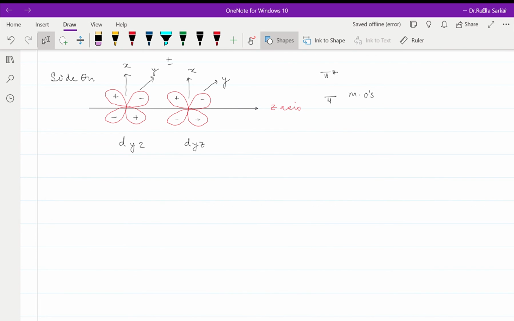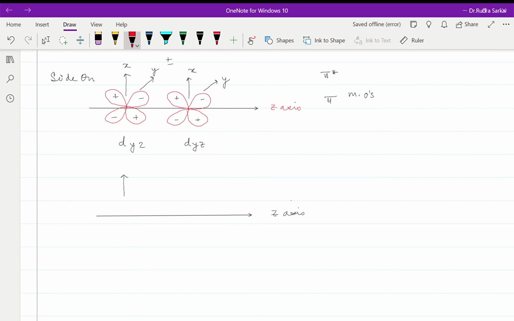And the last one, which is it? It is dxz. So for that, let's again draw one arrow. We keep in our mind that we have to draw an orbital that will lie in between the z-axis and the x-axis. So if this is the x-axis, all right.